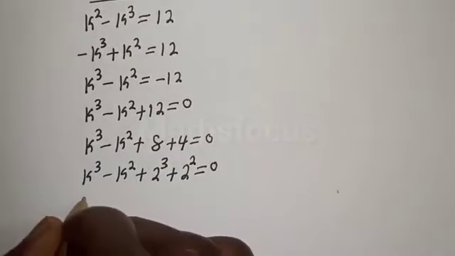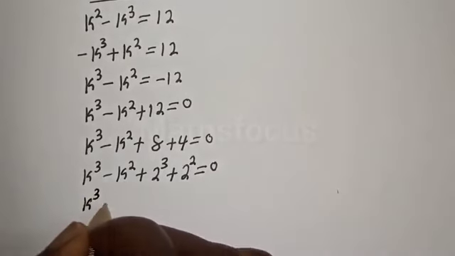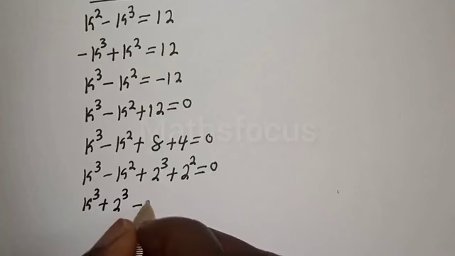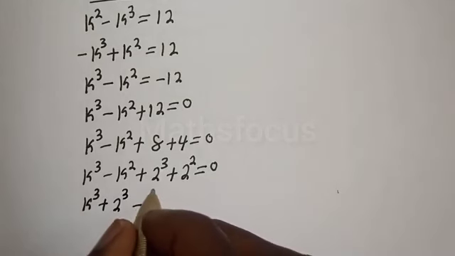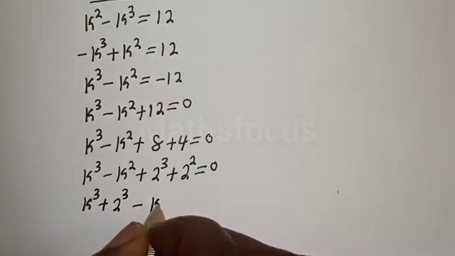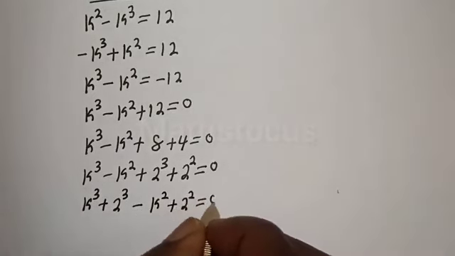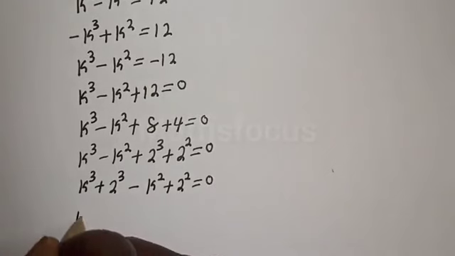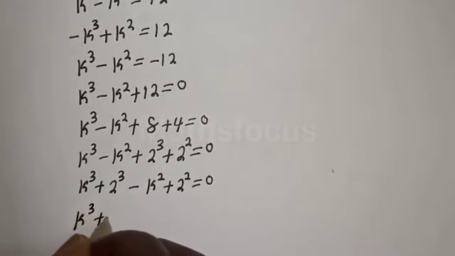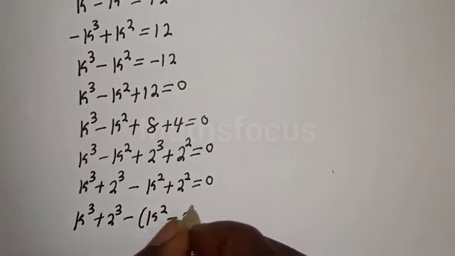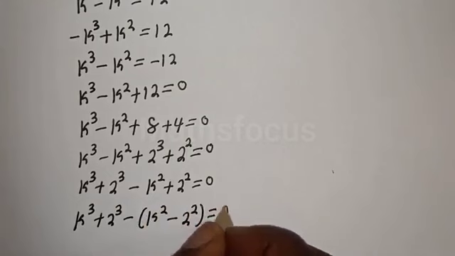Now let's compare: k raised to power 3 plus 2 raised to power 3 minus k squared plus 2 squared is equal to 0. Here is k raised to power 3 plus 2 raised to power 3 minus k squared minus 2 squared is equal to 0.